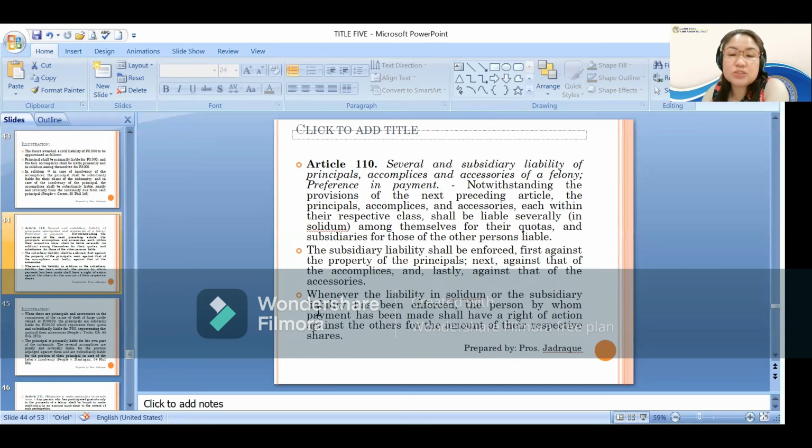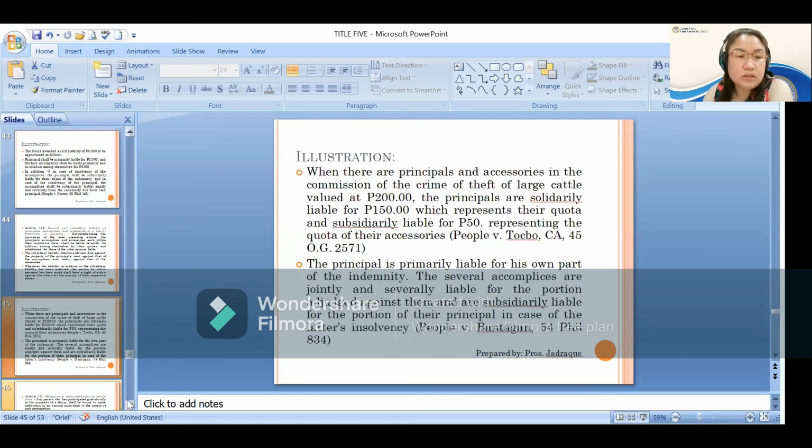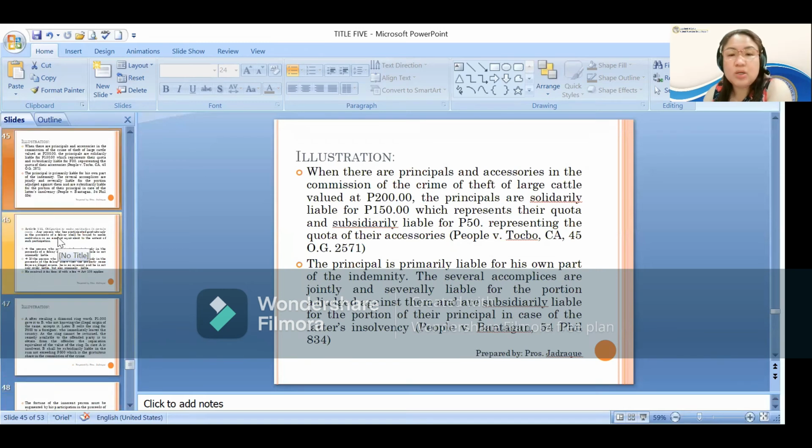Whenever the liability in solidum or the subsidiary liability has been enforced, the person by whom payment has been made shall have the right of action against the others for the amount of their respective shares. So pwede siya magpa-refund dito, that is his remedy. Illustration. When there are principals and accessories in the commission of the crime of theft of large cattle valued at 200, the principals are solidarily liable for 150, which represents their quota, and subsidiarily liable for 50, representing the quota of the accessory.